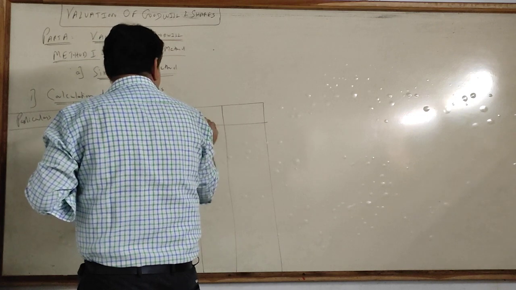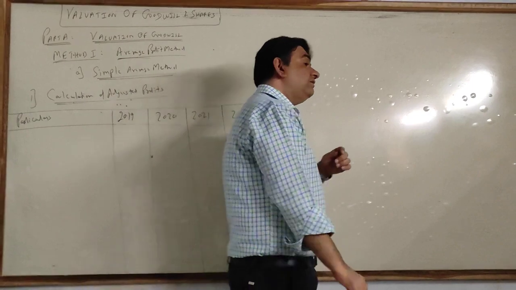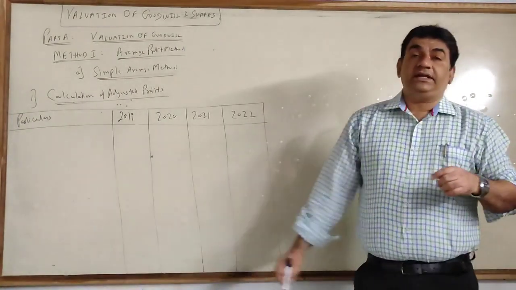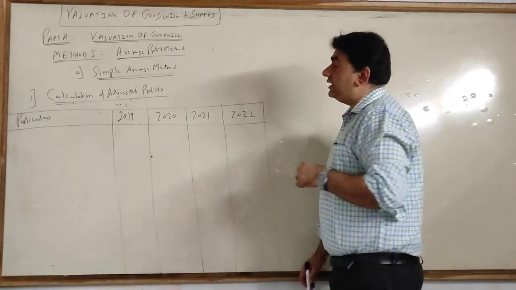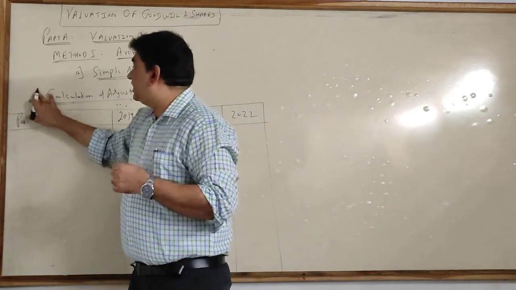Particulars, the 4 years. Which are the 4 years? 2019, 2020, 21 and 22. Okay, I'll repeat. The heading will be calculation of adjusted profits. Just write like that.